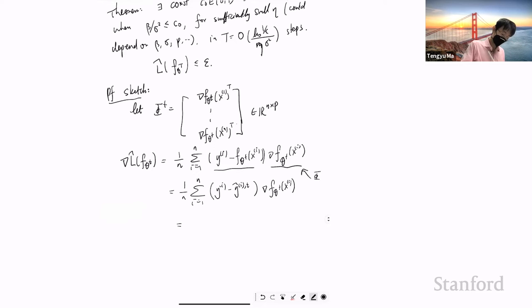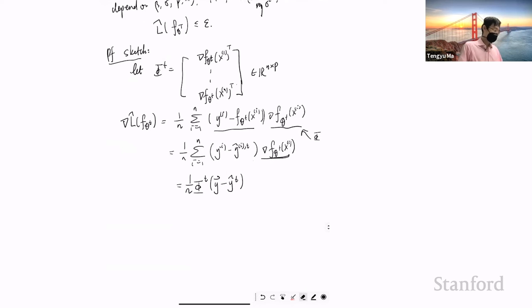And then if you write this in vector and matrix multiplication form, you get phi t, and then y vec minus y hat t, and there's a 1 over n in front of it. So that's the gradient.